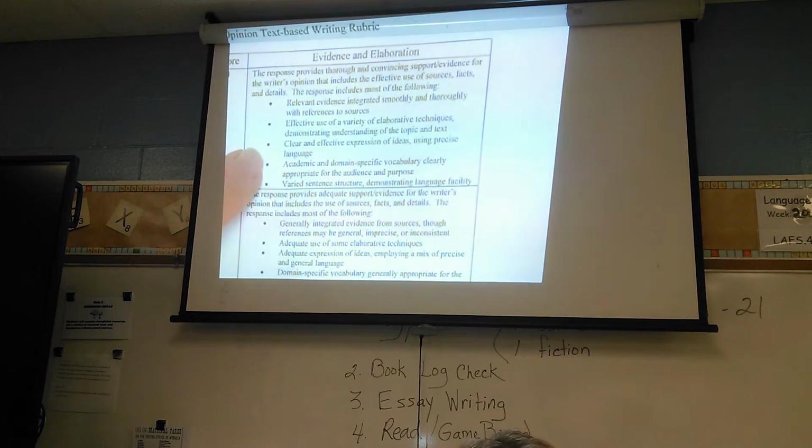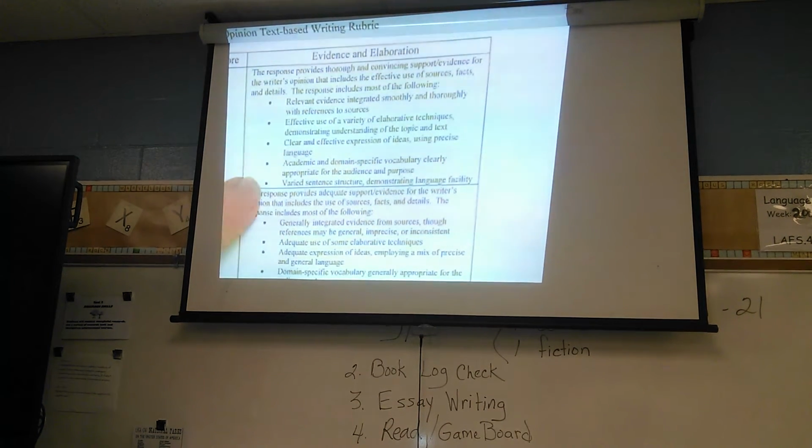When we worked on explaining the water cycle, remember we identified the vocabulary we needed to use. Academic and domain-specific vocabulary clearly appropriate for the audience and purpose. That's the same thing. Choosing to use the academic vocabulary that we're finding in the text. Being precise. You try not to say, they taxed them, because we want to say, the British taxed the American colonists.